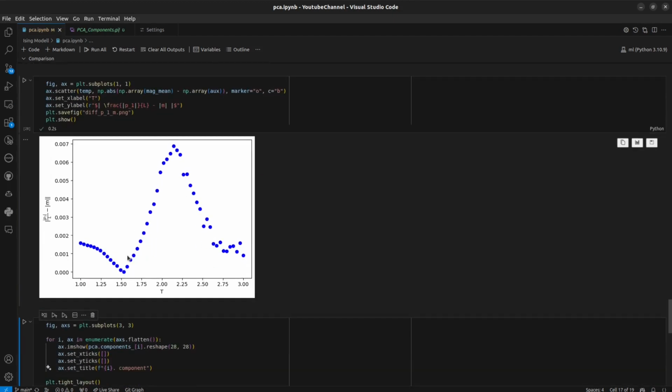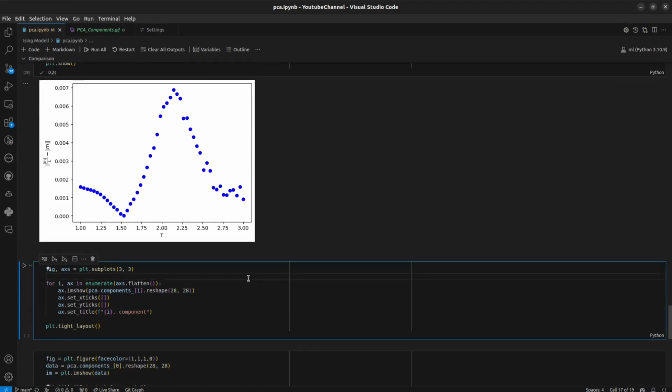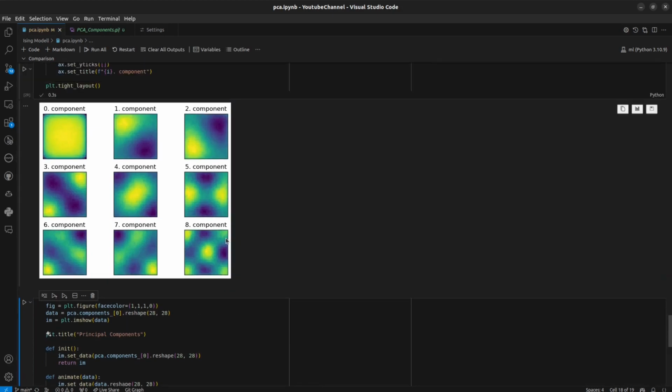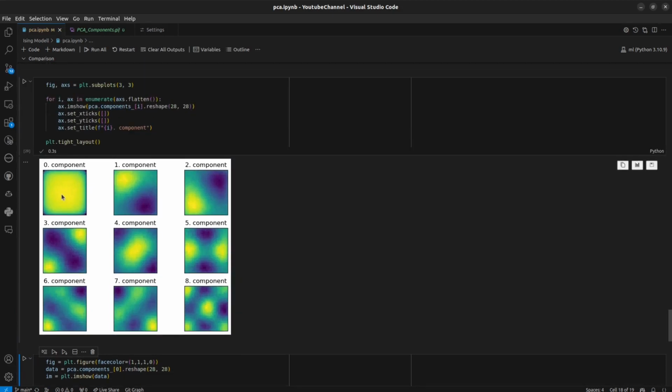Now let's have a look at the first few principal components. What we see here is the new basis vectors. So the 0th component is the first basis vector in our new basis that explains the most variance, and you can see that it's almost only ones.